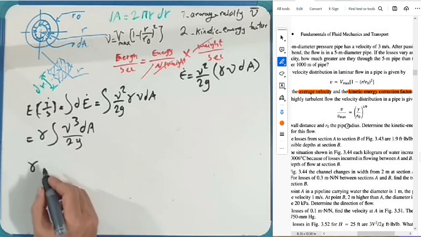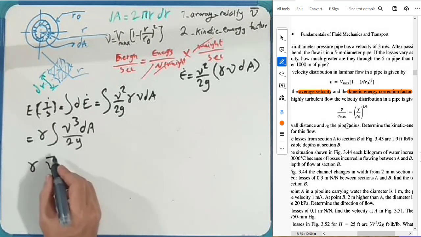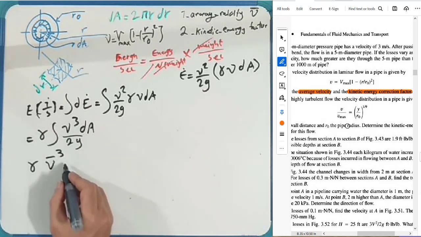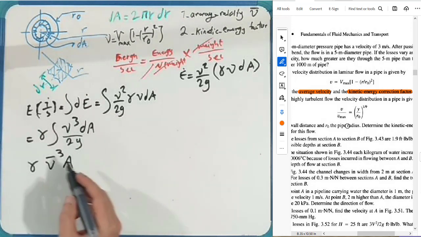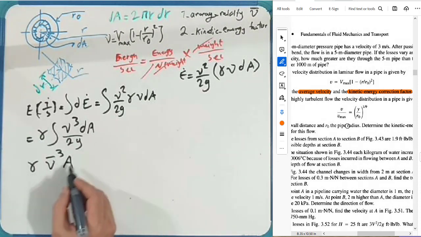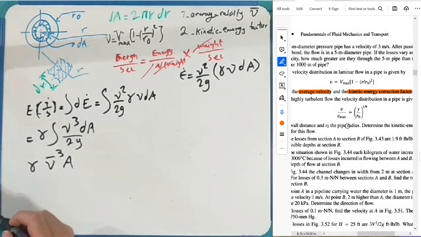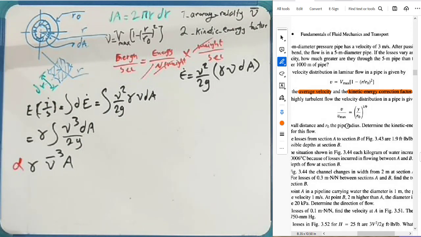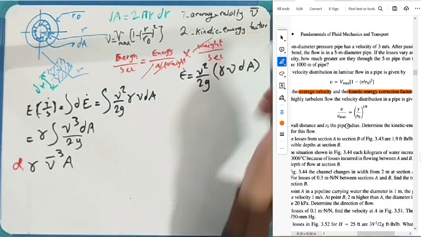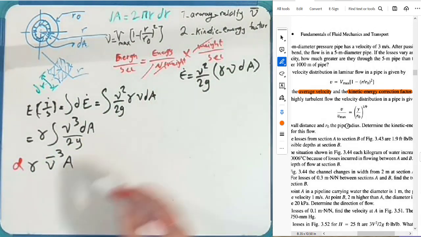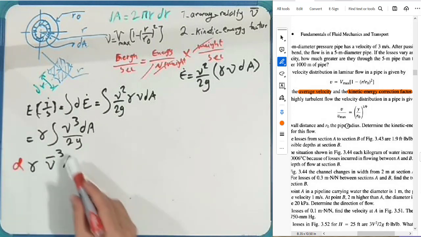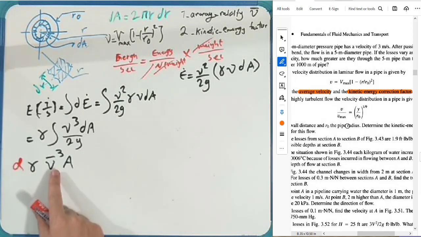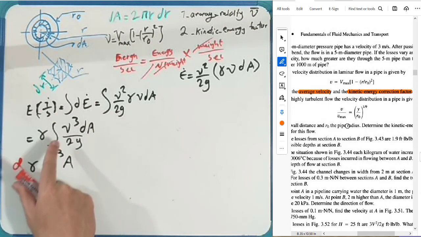I can write gamma nu bar cubed A, exactly the same way, but it is not exactly equal to this one. So I have to add a factor here, which is alpha, and this factor is the kinetic energy factor. Exactly, the kinetic energy factor is here because I want to use average velocity to be equal to this value.